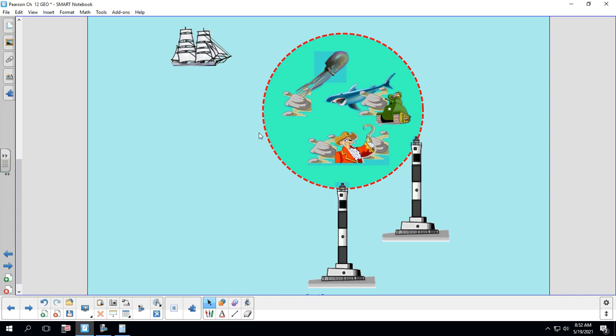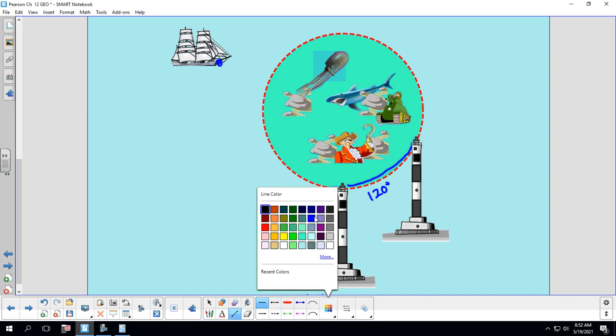The arc between two lighthouses, actually I want my pen. The arc between two lighthouses measures 120 degrees. A ship's captain measures the angle from his bow of his ship to the two lighthouses is 55 degrees.